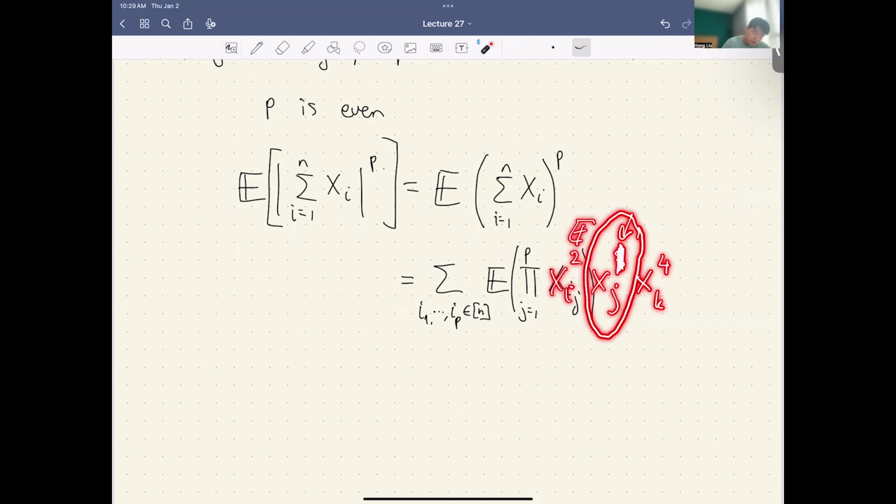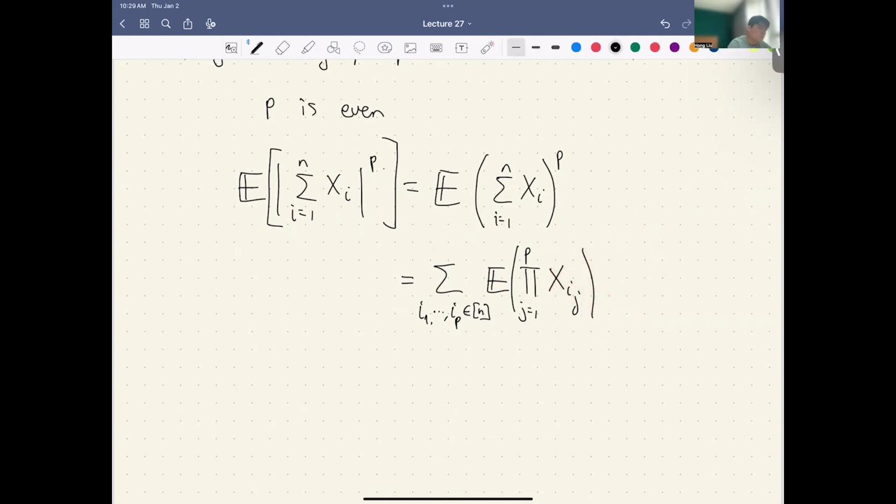And the expectation of this one linear term is 0. It vanishes. That means we only need to look at the terms where each index appears at least twice or 0 times.